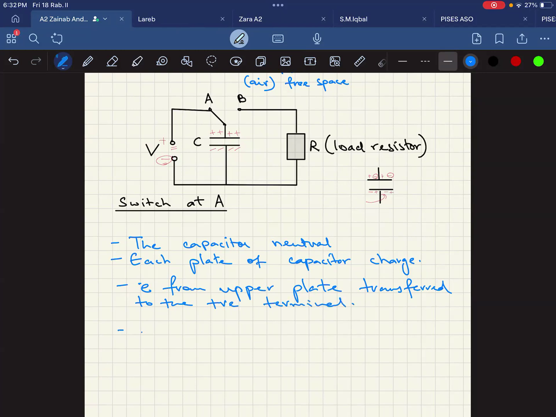On the other side, electrons from the negative terminal transfer to the lower plate of the capacitor.